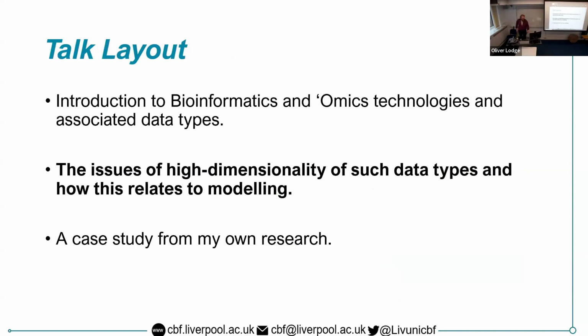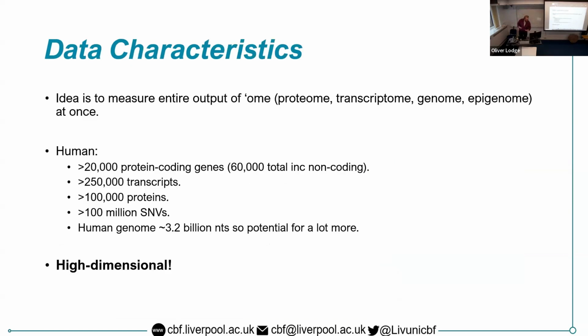So now I'll talk a bit about how the high dimensionality of this data can be an issue and how it relates to the sort of modeling we choose to do. As I was saying, the idea is to measure the entire omics, proteome, whatever, of the thing at once. But when you look at some of the figures involved, this can be quite problematic. As an example, humans contain over 20,000 protein coding genes, up to 60,000 if you include things that don't strictly encode for proteins, like non-coding RNAs and a range of other stuff.